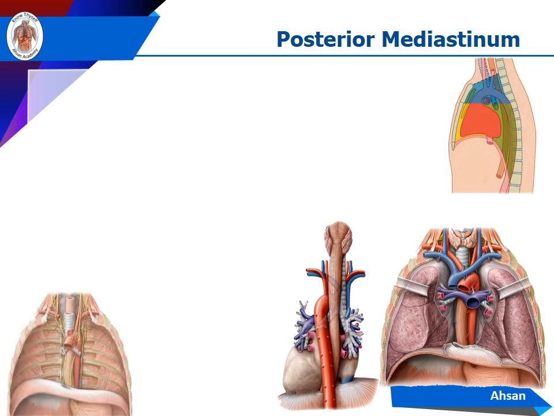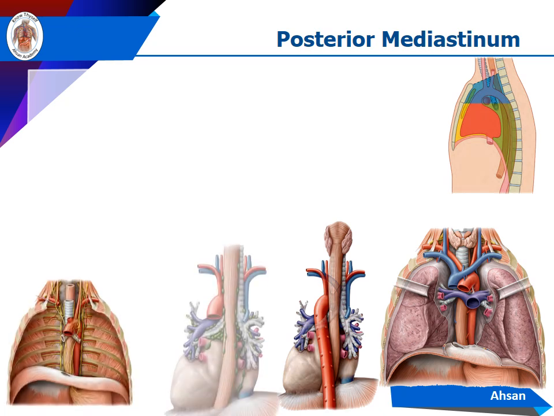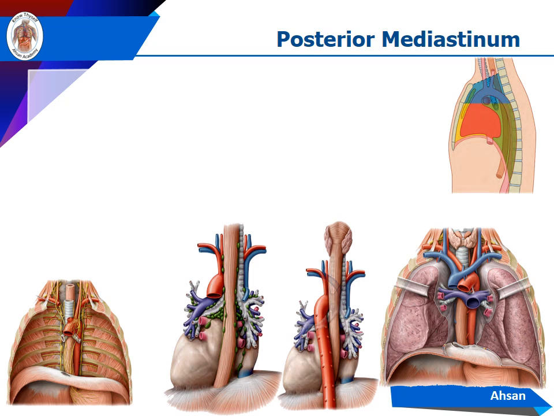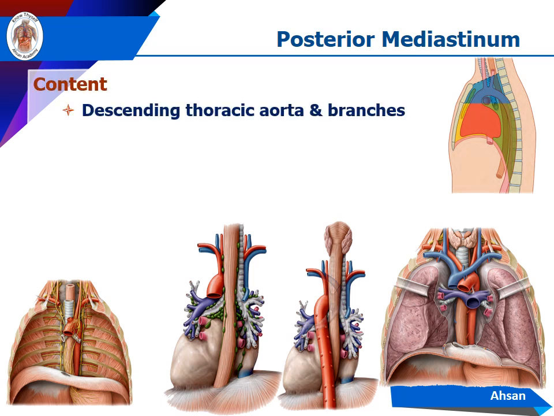You can see some photographs which will give an idea about the contents. Let me list the contents. This is the descending thoracic aorta, with its branches. You can see the red descending thoracic aorta in different figures in the lower part. The esophagus is a relatively less red, muscular tube that crosses behind the arch of the aorta and descends.